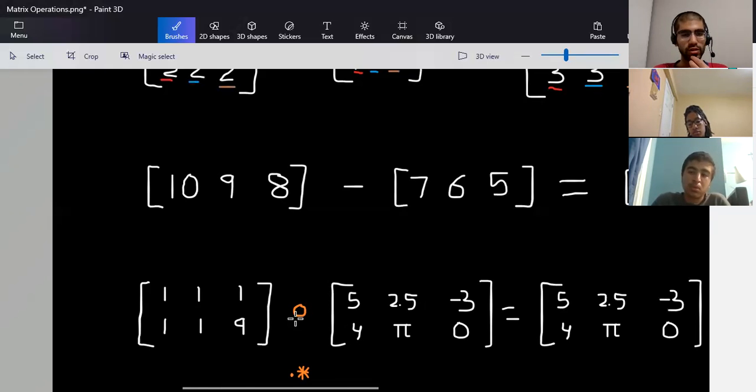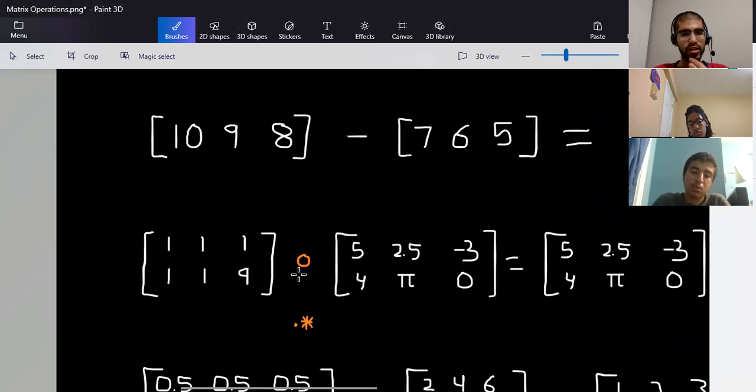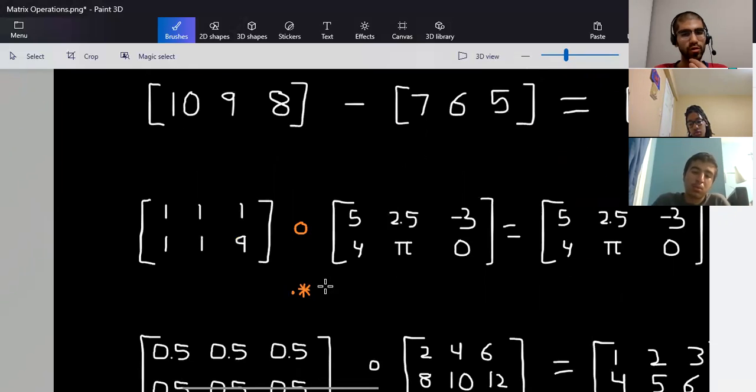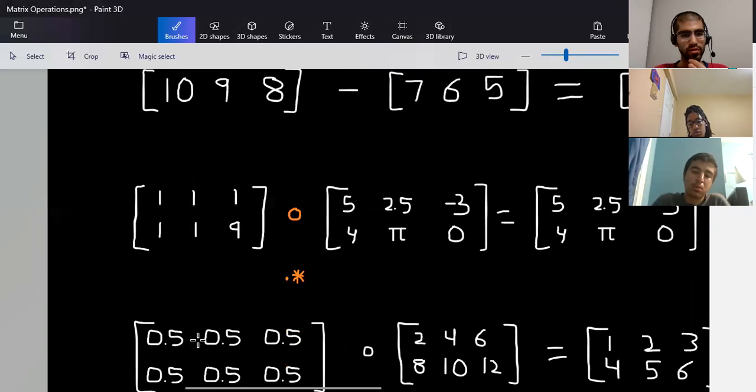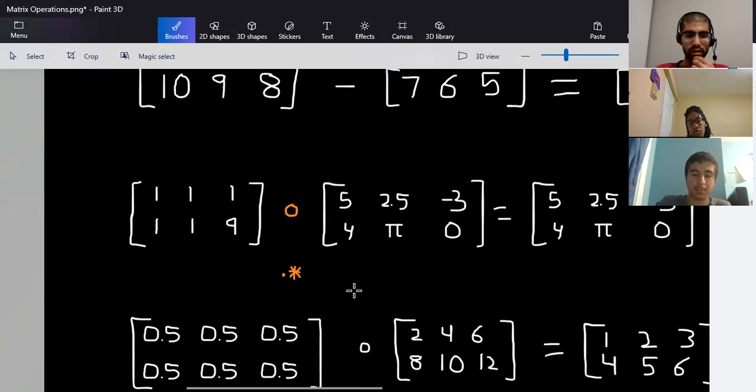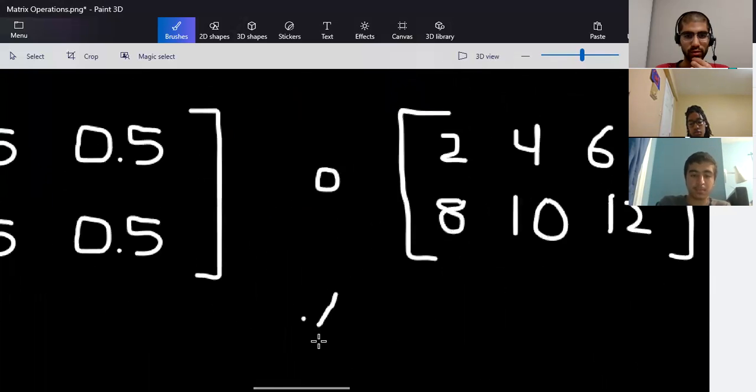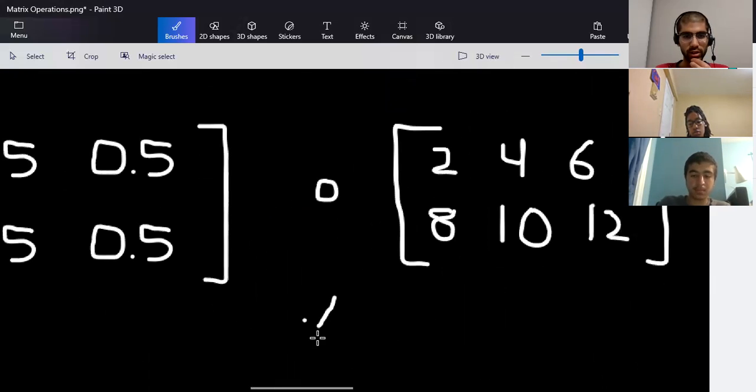And unfortunately, we don't really have a symbol for division. So to divide something, let's say 2 divided by 2, instead you could also say 2 times 0.5. So that's what we have to do. It's like 0.5 times 2, that's 1. 0.5 times 4, that's 2, and so on and so on. One exception is when you are programming, you can have a dot slash.